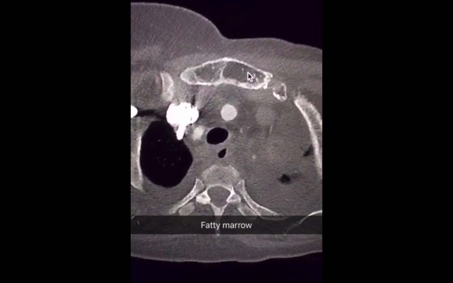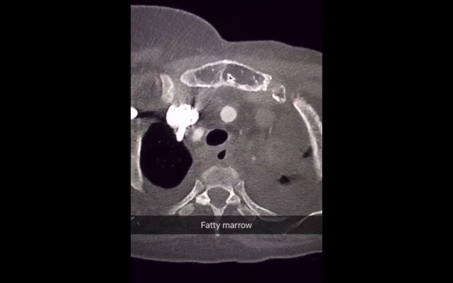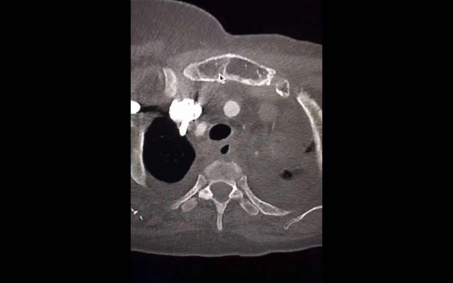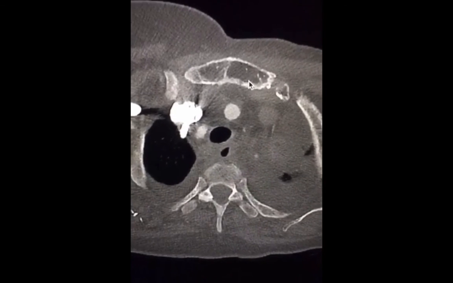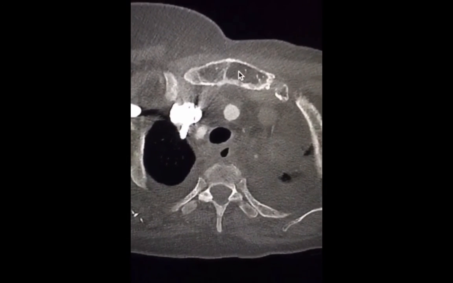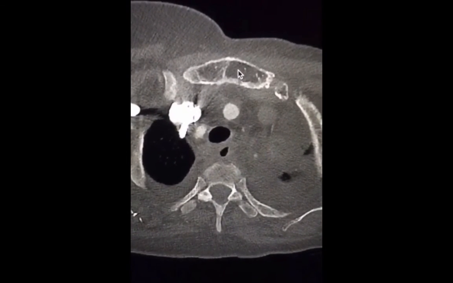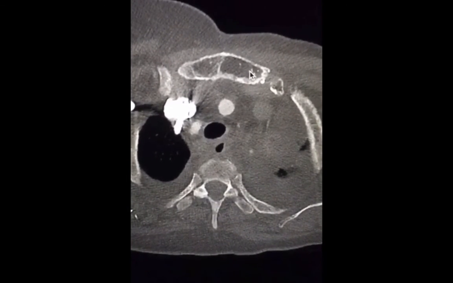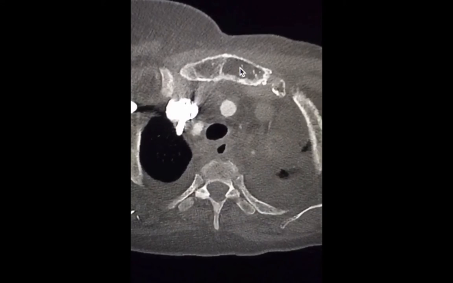One famous feature of radiation is that it kills the marrow, and the marrow gets replaced by fat. So this is a feature that we see here, replacement of the marrow by fat, which is not a known feature for Paget's disease. Remember, you could see a replacement of the marrow by fat on MRI as well.